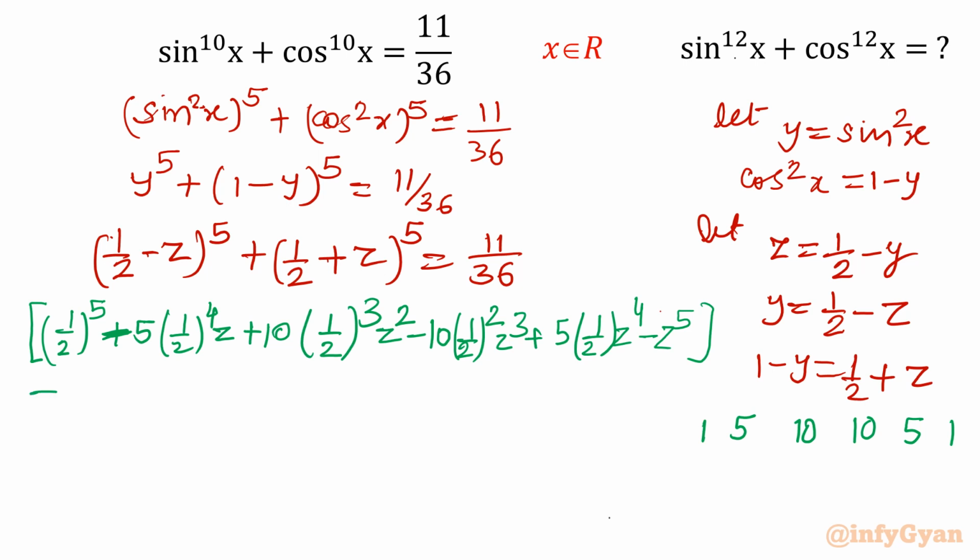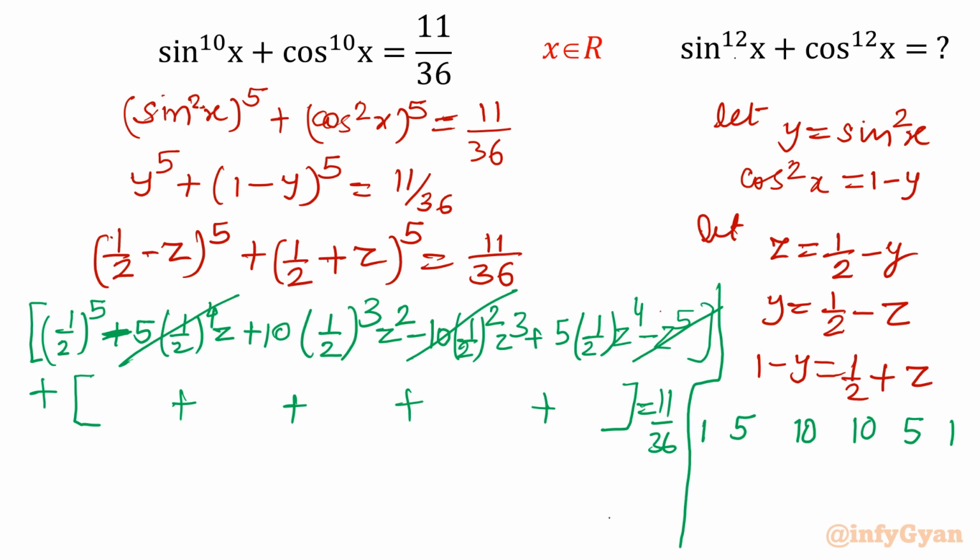Now we will add the same bracket, with all terms positive. I am not going to write this one. All terms positive, so what terms will get cancelled out? See, this will cancel out, the minus signs. And the RHS is as it is, 11 over 36. Okay, now what is left?